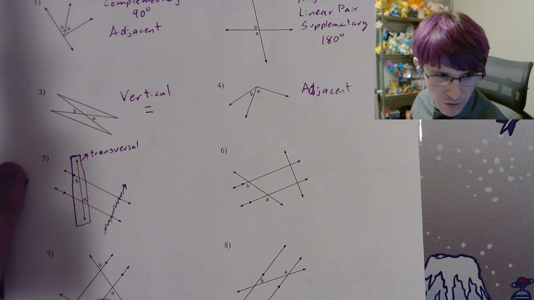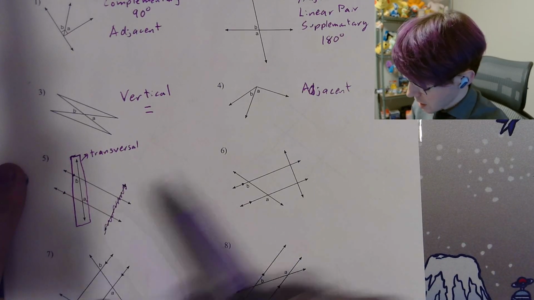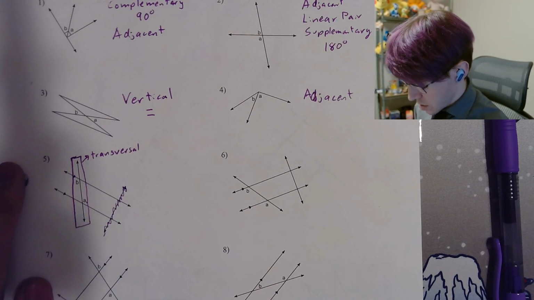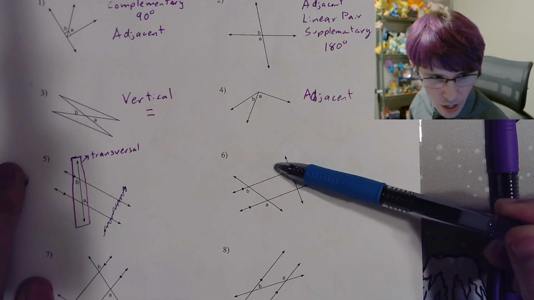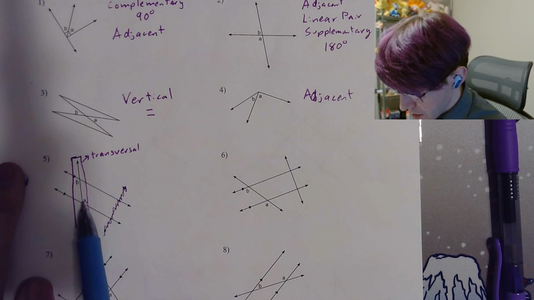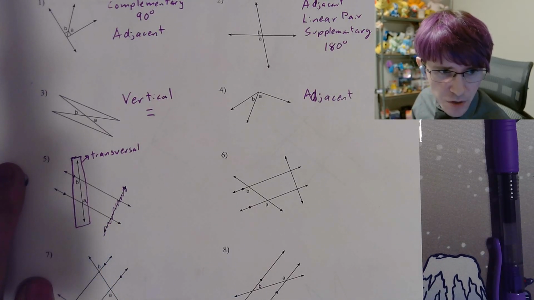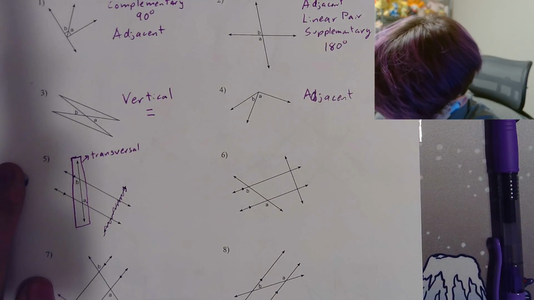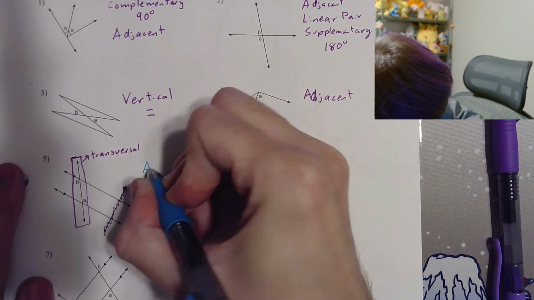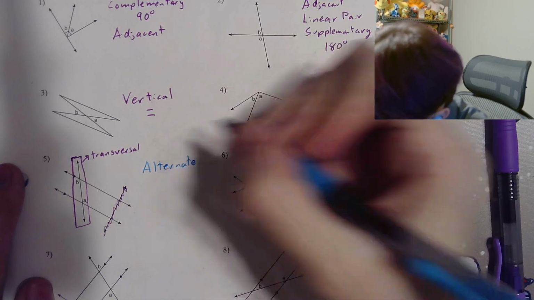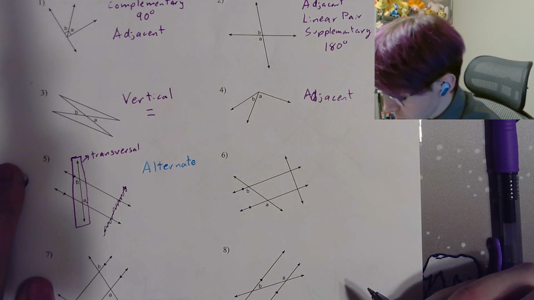After we've looked at the transversal, there's going to be different sides of the transversal. There's going to be like the left hand and the right hand. For some of them, it's like the below and the above. But for this one, they are on different sides of this transversal. That's the first thing you're asking yourself: which sides are you on? Because they are on different sides, we're going to use the word alternate. What kind of alternates are they?